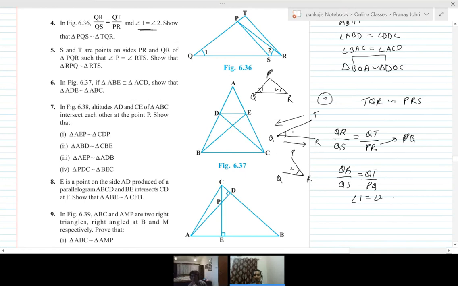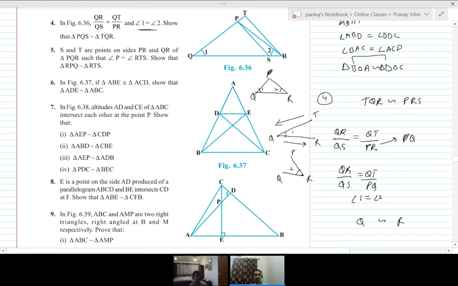Angle 2 is not part of TQR, but the Q is part of TQR, that is equal.